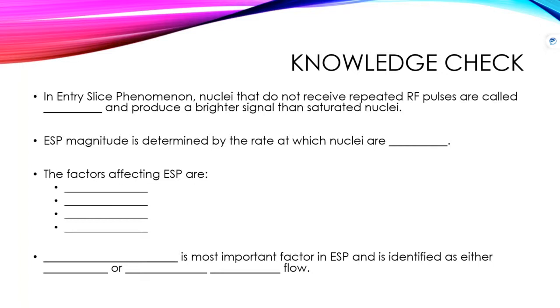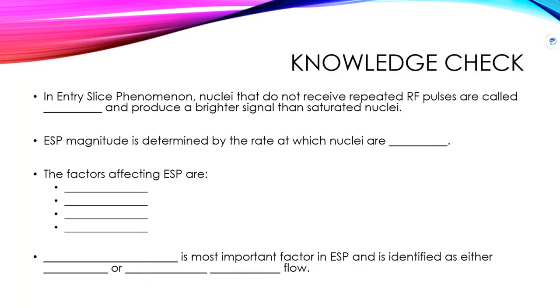So whenever they're not getting the repeated RF pulses, they're called fresh spins or fresh blood. All right, next one. ESP magnitude is determined by the rate at which nuclei are what? Go ahead, Jasmine. Excited? Yes, the rate at which the nuclei are excited.